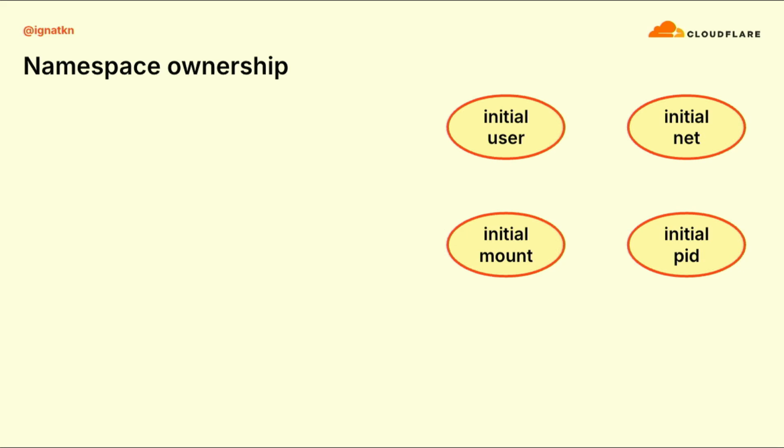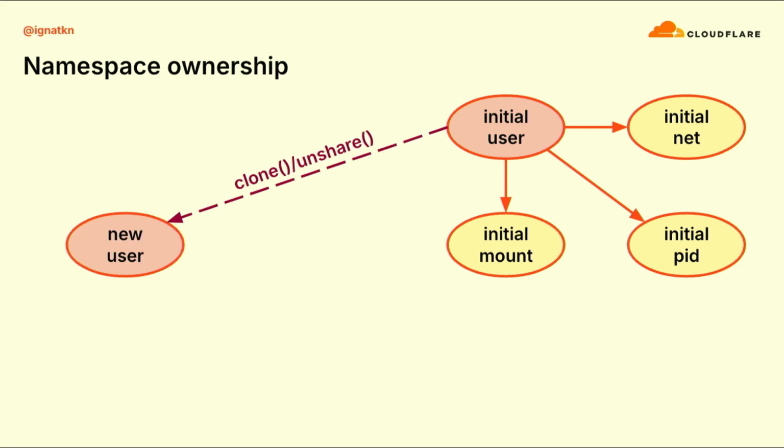Initially you have all the initial namespaces, and the initial user namespace is set to own the other namespaces. So what happens is when you create a new user namespace and you issue a mount command, you're still acting on the initial mount namespace. And the permissions are checked not against your new user namespace, but your permissions in the initial namespace. So the operation is checked against the initial namespace, and because you are not privileged there, your mount is prohibited.